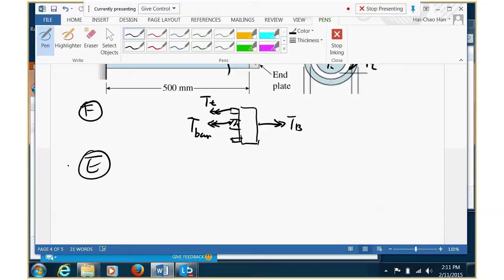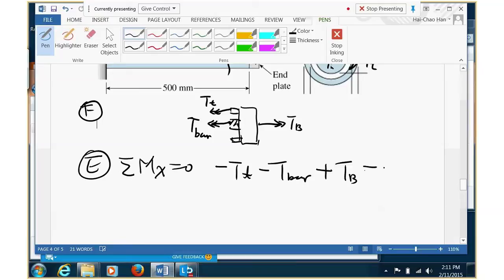So all the moment in the axial direction equals 0. In other words, all the torques added together equal 0. Translate that: negative T tube, negative T bar, plus TB equals 0.